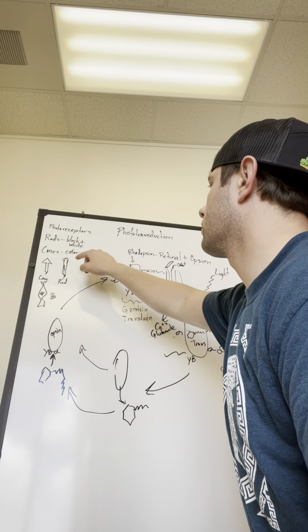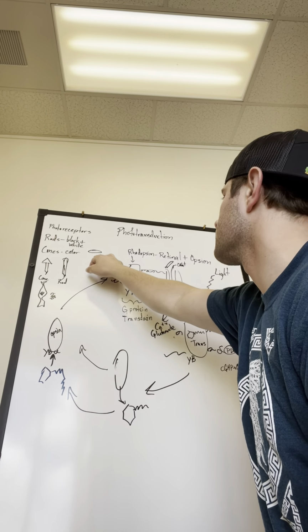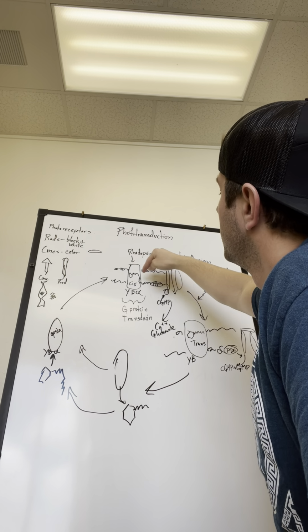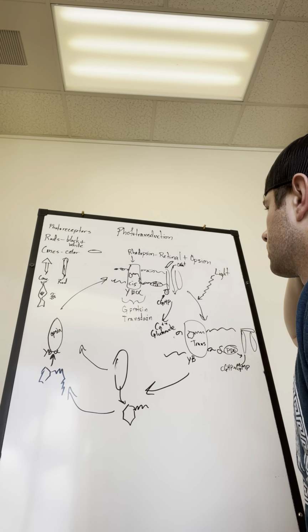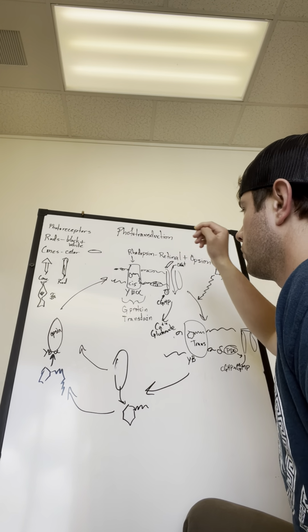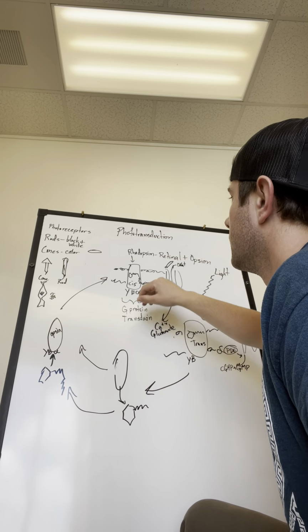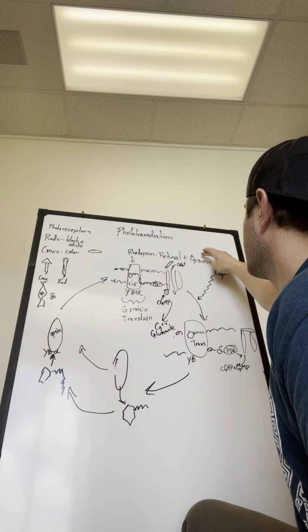So let's start up here. Within these cones and rods, we have these little discs. Both cones and rods have these little discs. And these little discs have membranes with proteins embedded in them and channels. And one of those protein complexes is rhodopsin. And what makes up rhodopsin is retinol and opsin.